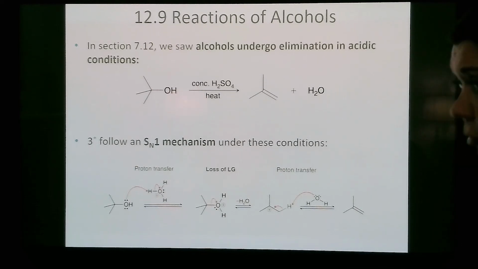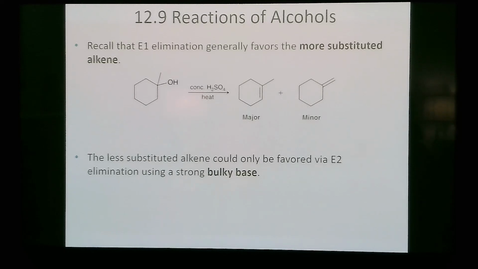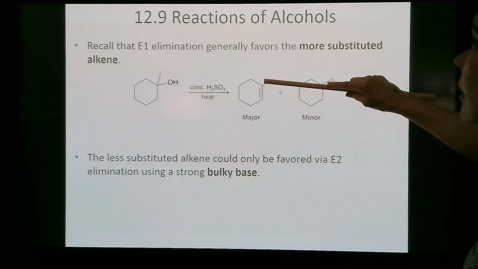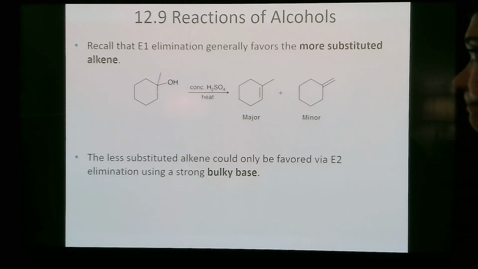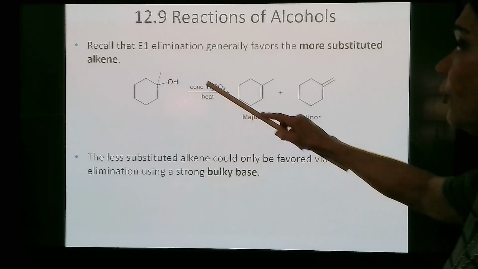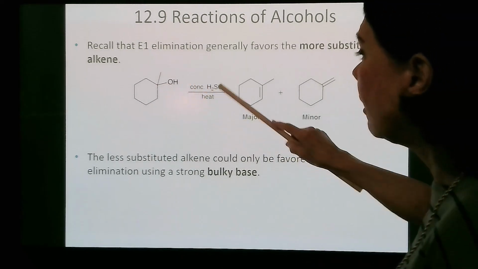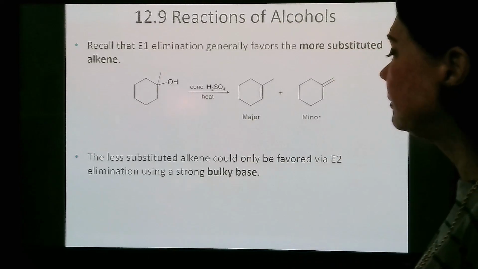So this is review. You've seen this already. The E1 elimination favors the more substituted alkene. This is review. Okay, you're going to protonate that. It will depart. You'll have the carbocation formed in the tertiary position.